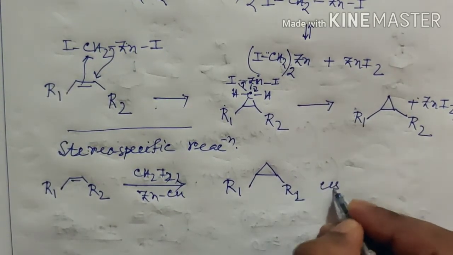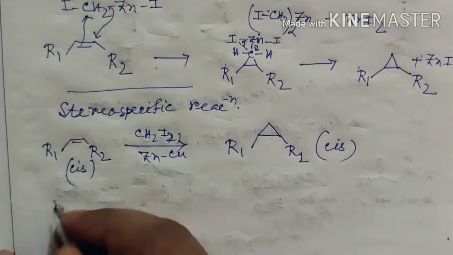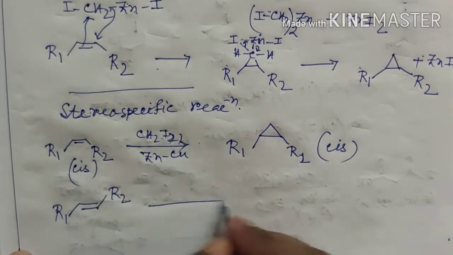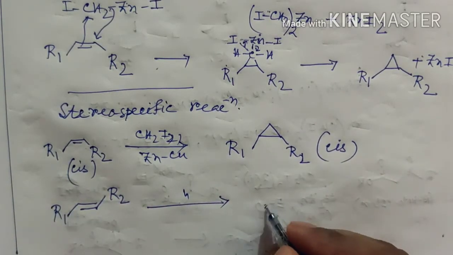That is, the product will be cis. And if we take a trans olefin, then in the product the R1 and R2 groups will be trans to each other.